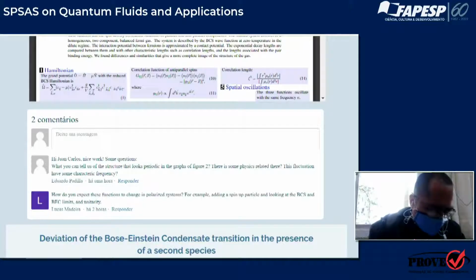Then what we would expect to change is that at the mean field level, I would expect them to exhibit different exponential decays, but associated to a type of threshold energy to dissociate pairs, but it will depend on the polarization.